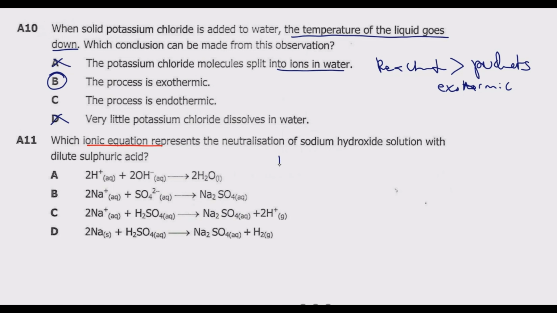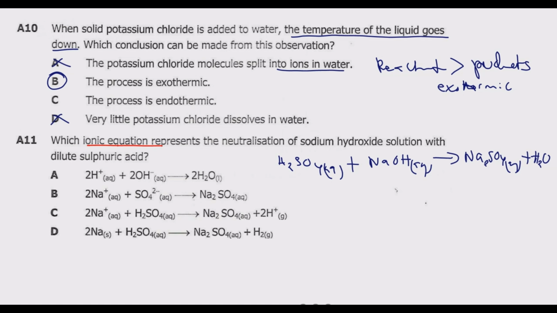We have sulfuric acid, which is given by this, and this is aqueous. Then we react it with sodium hydroxide, which is also aqueous. We are going to get sodium sulfate, which is an aqueous solution, plus water, which is liquid. This is what we are going to get.